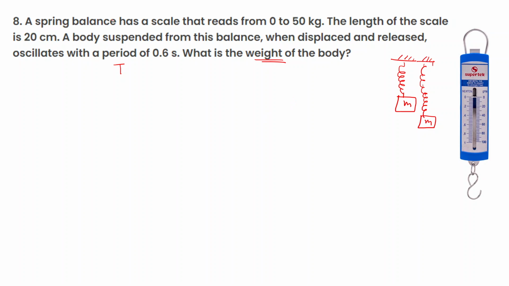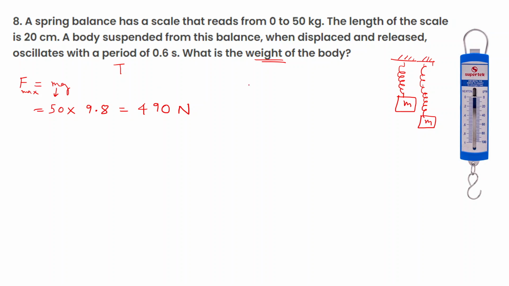Since it's given that it has a scale from 0 to 50, the maximum gravitational force that can act on this spring balance will be the maximum mass allowed, which is 50 times the acceleration due to gravity, 9.8 meter per second square. Multiplying this, we'll get 490 Newton. This is the maximum force acting on the spring.